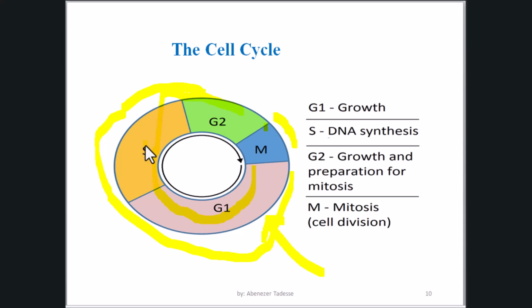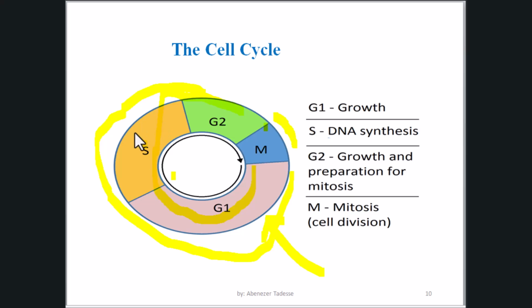But between the G1 and the S phase, there is a checkpoint, so they can detect if there is any problem, and they can prevent the transition from G1 to the S phase.